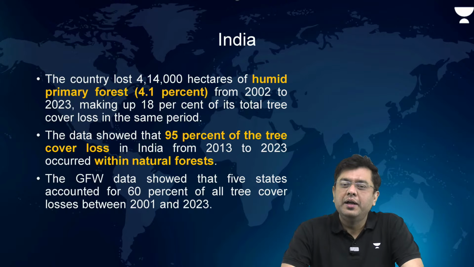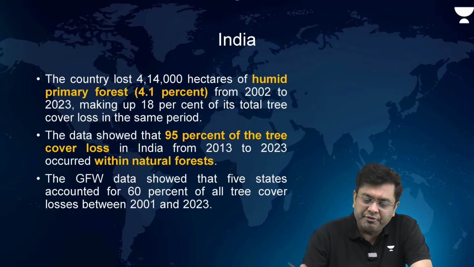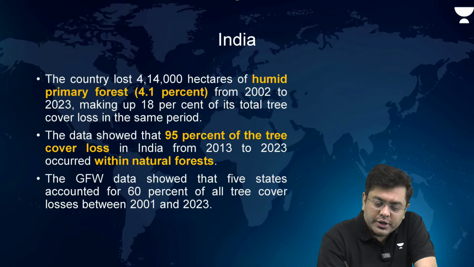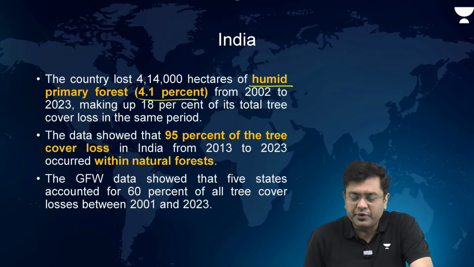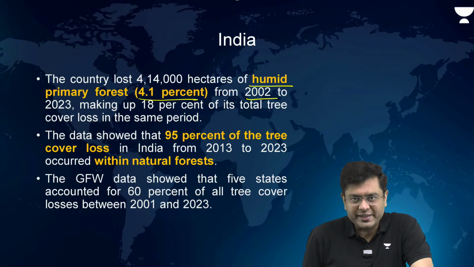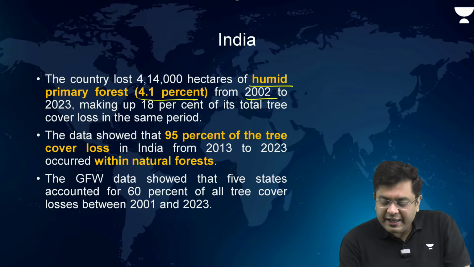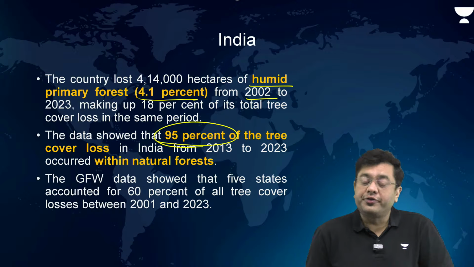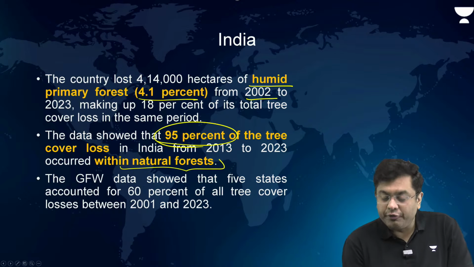Right? Now, when we talk about India-specific findings, we have lost humid primary forests by almost 4.1% from 2002 to 2023. Now, 95% of the tree cover loss has been within natural forest.